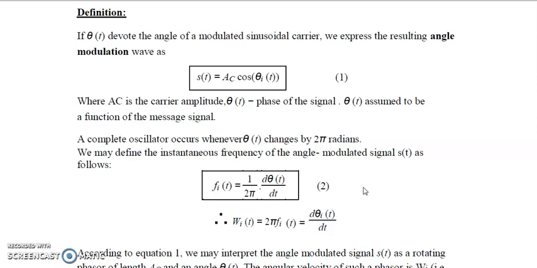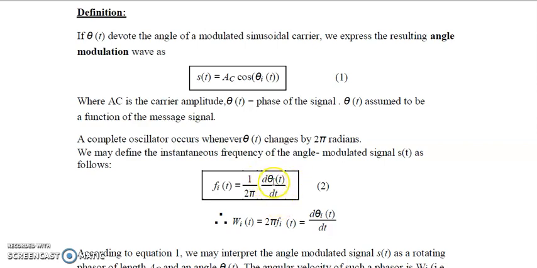Theta means phase angle, f means frequency, and the relation between frequency and phase angle is theta is equal to 2 pi ft. In rough copy, you write theta is equal to 2 pi ft and then find out the formula of f, then you will get f is equal to 1 by 2 pi into theta. Okay, but here you are watching that it is d theta t by dt.